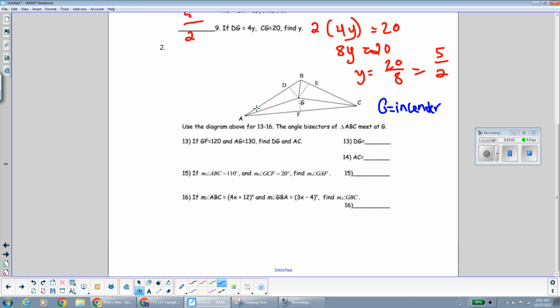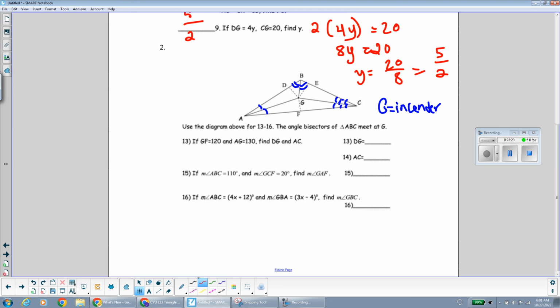So I'm going to mark that. This angle bisector is cutting this angle in half. This angle bisector is cutting this angle of the triangle in half. And this angle bisector is cutting this angle of the triangle in half.